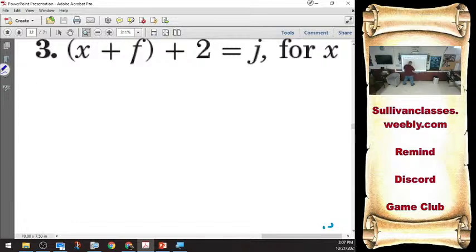Okay, a couple of you were kind of struggling with 3 here. Can I combine what's inside those parentheses? No. Is there anything on the outside to distribute? So it's just x plus f plus 2 is j. The f has to go away. The 2 has to go away.